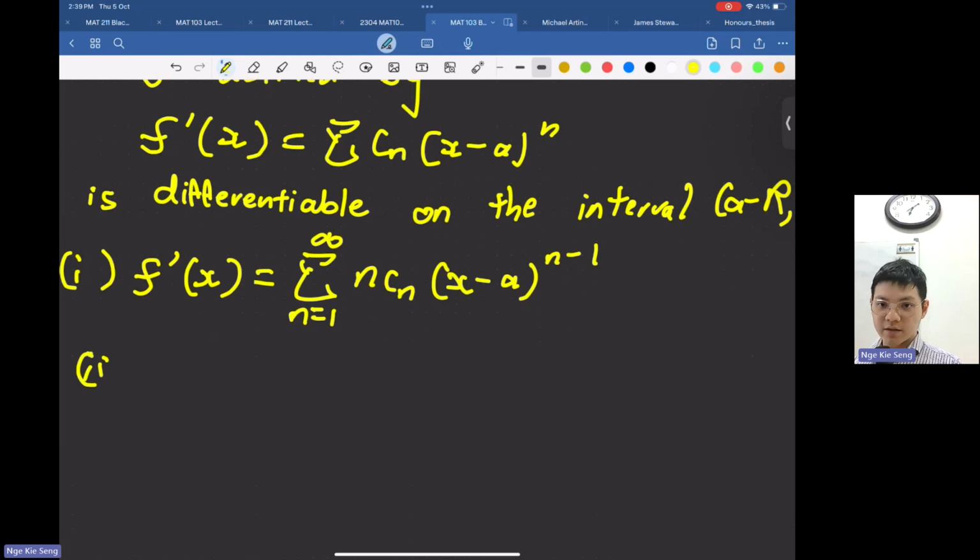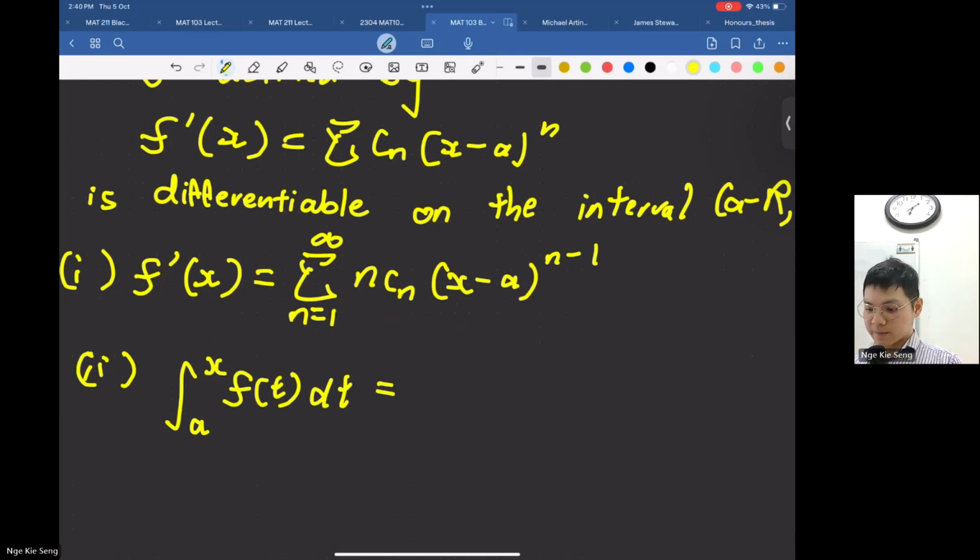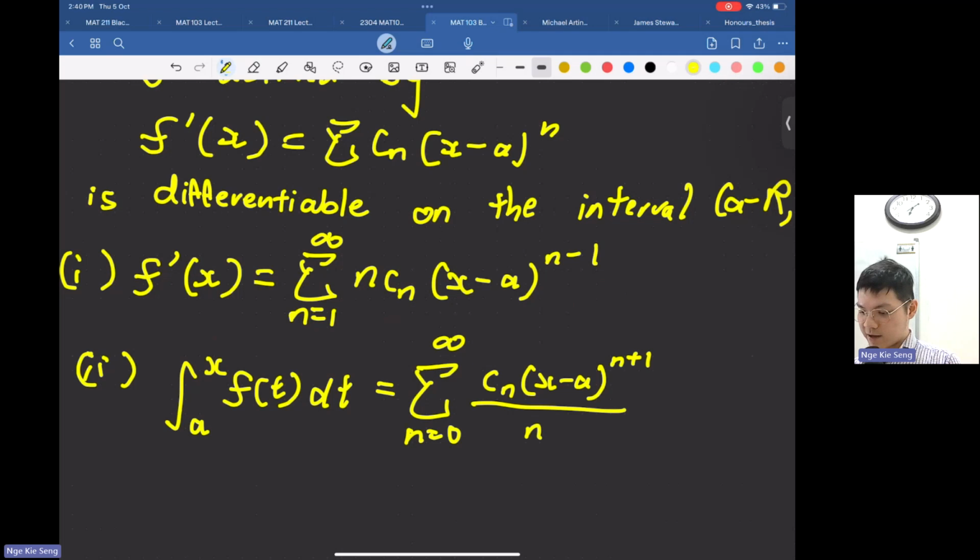And then we can integrate our power series. How to integrate a power series? Similarly, you add one to the power on your x term, keep your constant, and then divide by n plus 1, term by term.